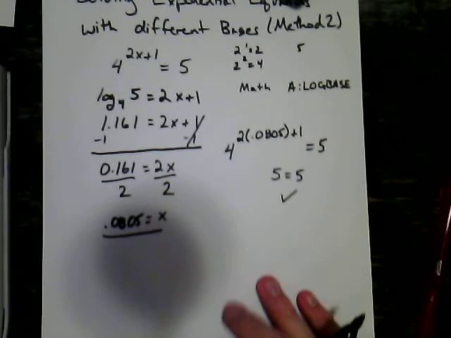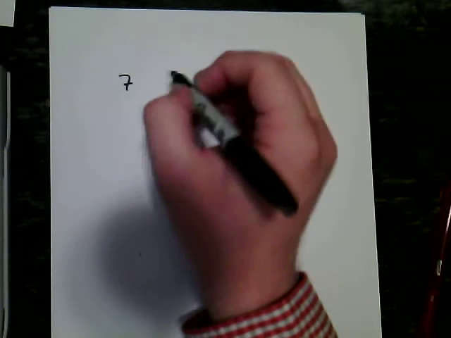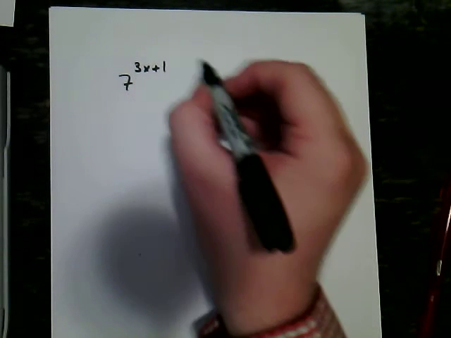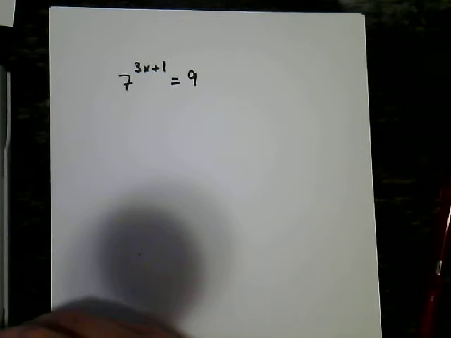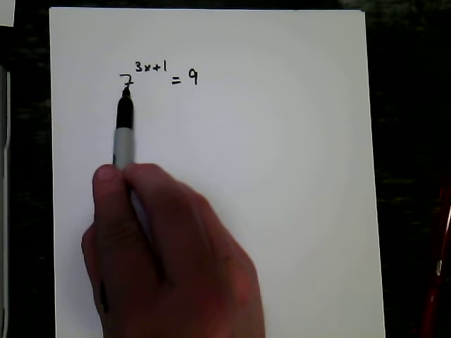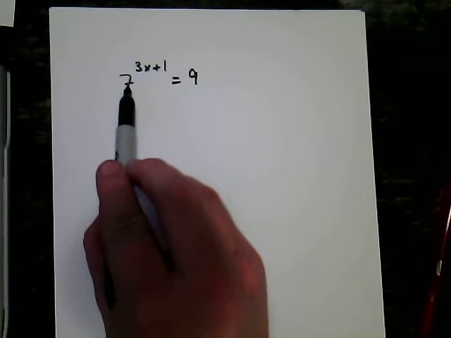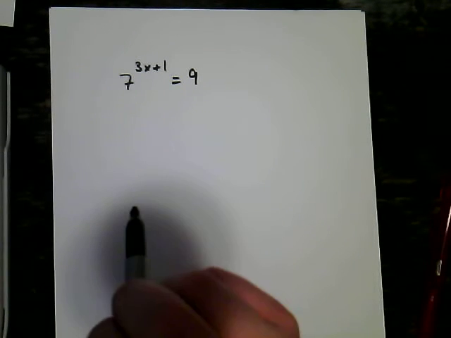We'll go ahead and do one more example, and then we'll put some steps to that solution method. So let's take a look at 7 raised to the 3x plus 1 equals 9. Once again, we've got a problem here. We can't say, well, can we multiply 7 times 7 to get 9, or 3 times something?